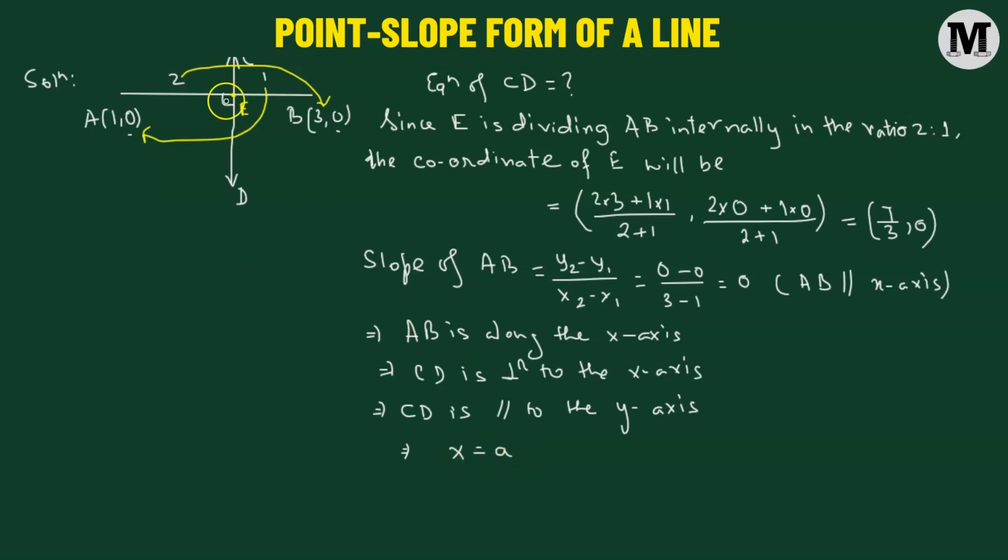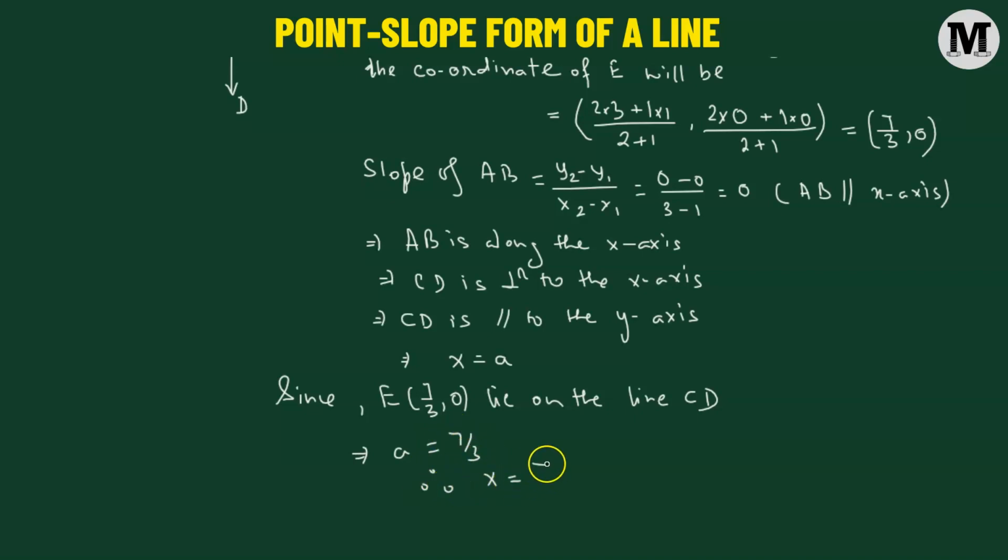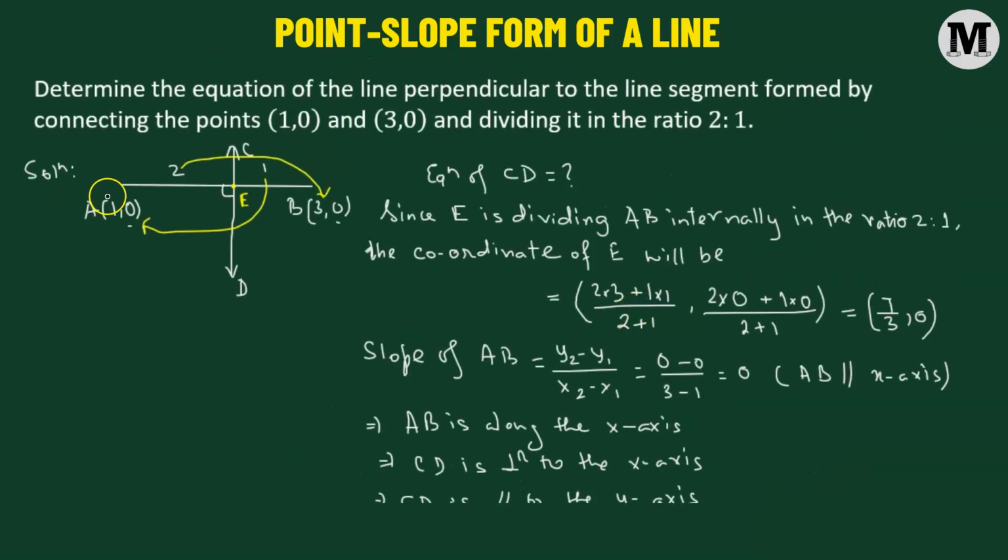Now, since the point E lies on the line, we can write that since the point E with coordinates (7/3, 0) lies on the line CD, this implies that a corresponds to 7/3. Therefore, we can say that x will be equal to 7/3, and that is the equation of the required line. So that's the line which is perpendicular to the line formed by joining point A and point B.